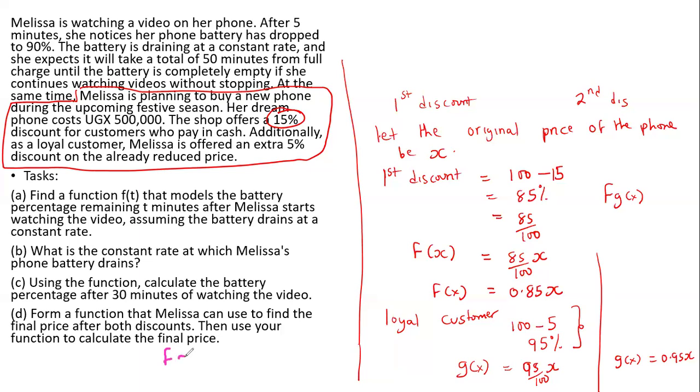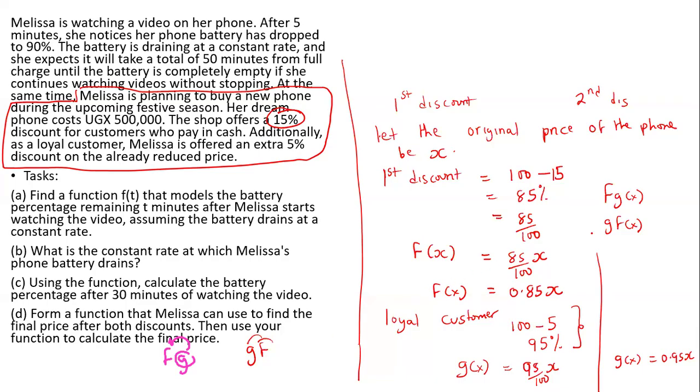When we write fg, it means that we apply g first and then f. When I write gf, it means that we apply f first followed by g.